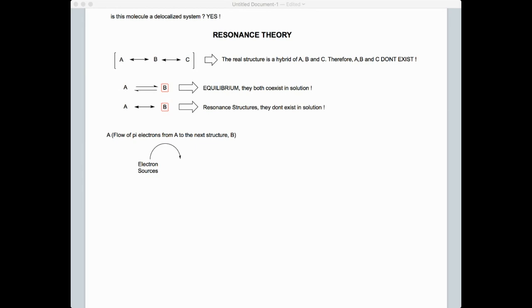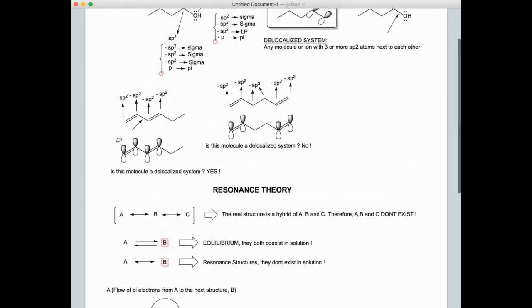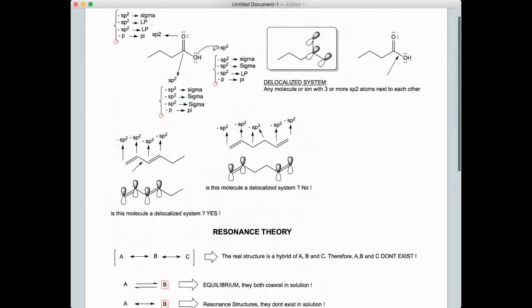Come on, guys. Any ideas? Look at the molecules here, guys. So look at this molecule. So besides lone pairs, what other electron sources can you think of?